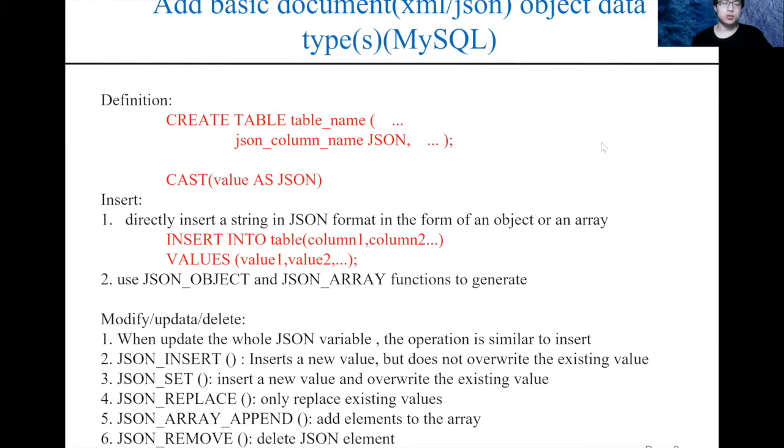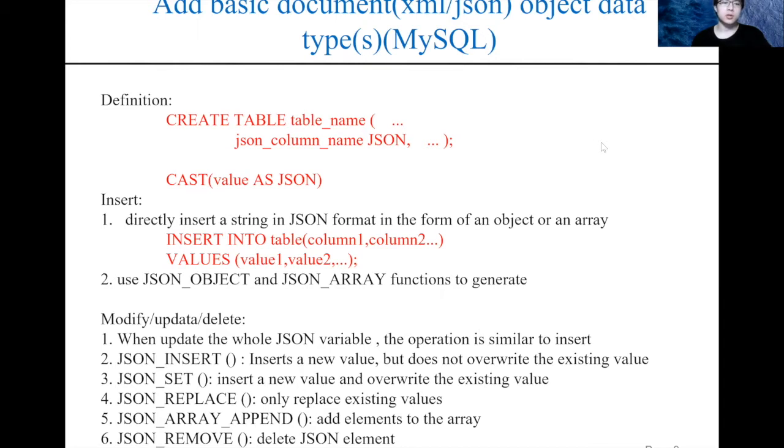As for insert and modify, we could use two ways to insert data. First, directly insert a string in JSON format in the form of an object or an array. The syntax is in red: insert into table values.